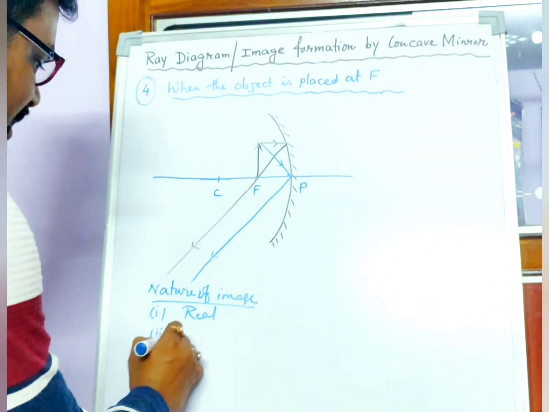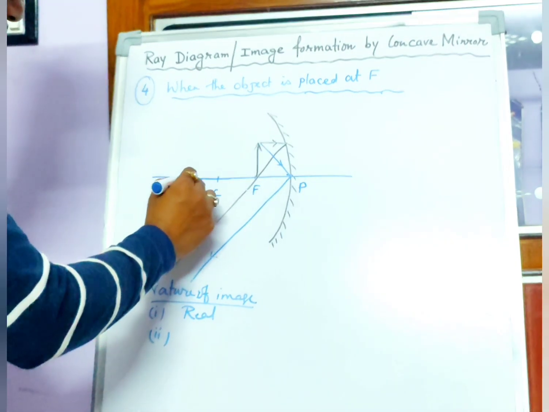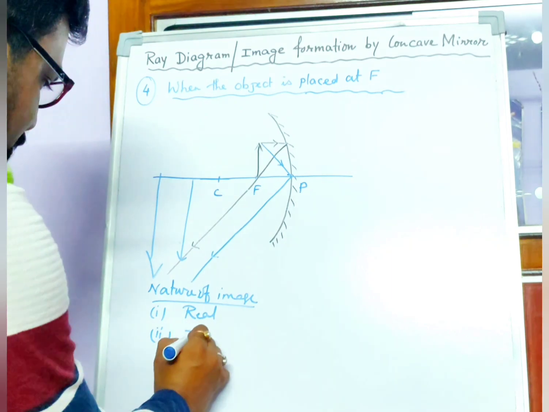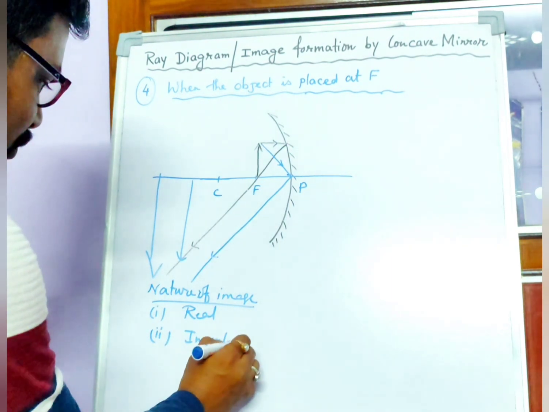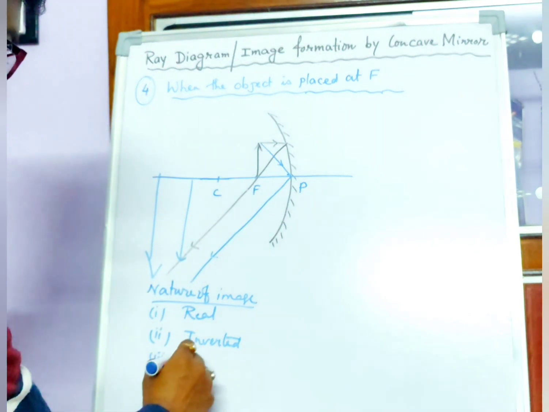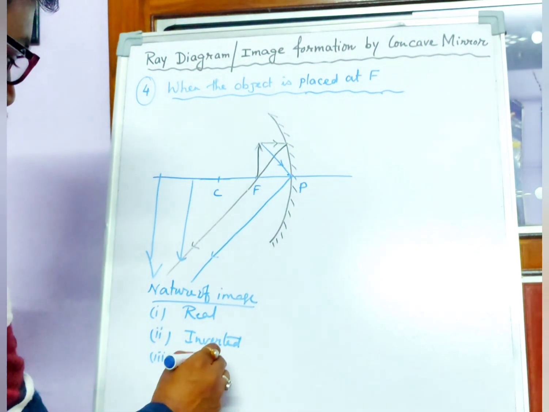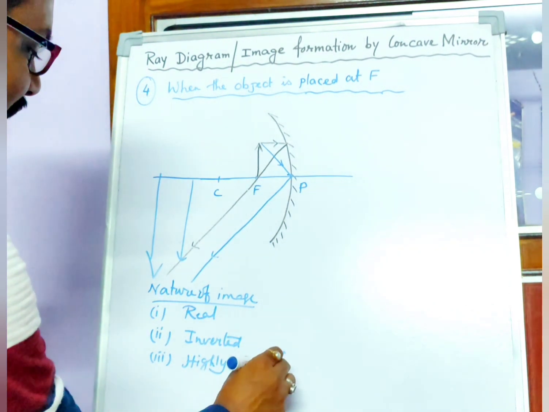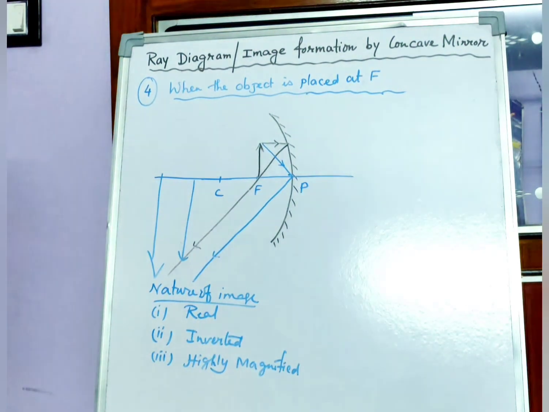Second, the rays are coming down, that's why it is upside down, inverted. Third, it is highly magnified, as it is going up to infinity. So you have to write here, it is highly magnified.